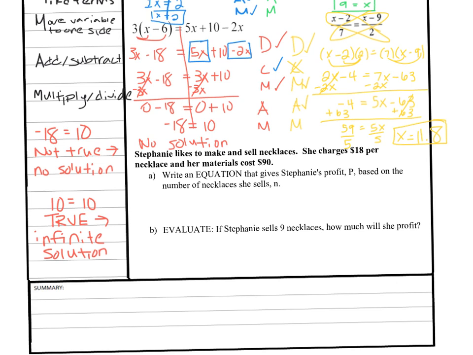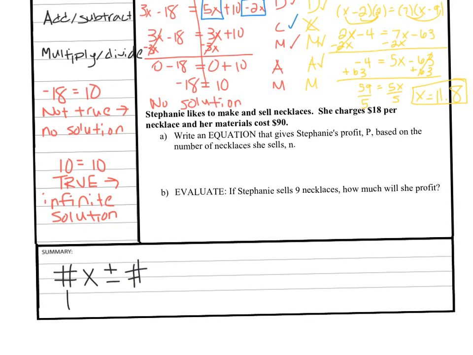it would be helpful for us to remember that when we're writing them, we think about some number with the variable x plus or minus some other number. This front number happens over and over and over. And this number over here just happens once.